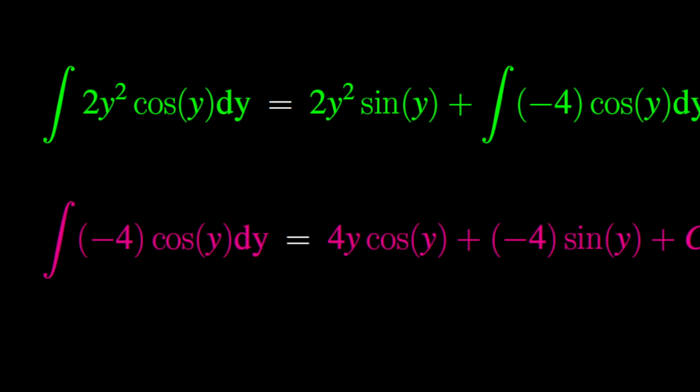From the second integration by parts, we obtained the following result. So, the integral of minus 4y times sine of y dy is equal to 4y times cosine of y, plus minus 4 times sine of y plus a constant of integration c.